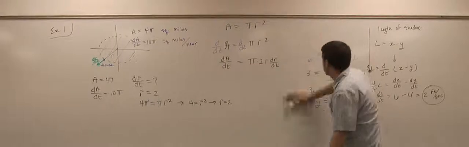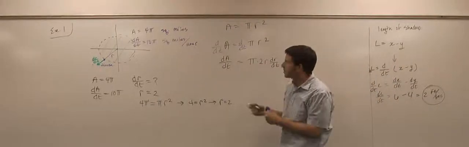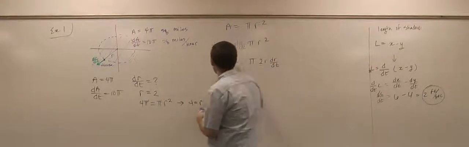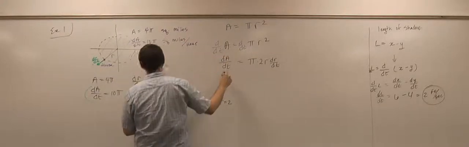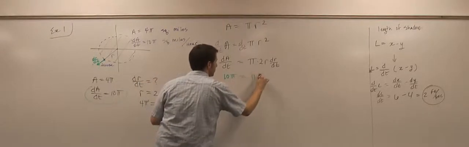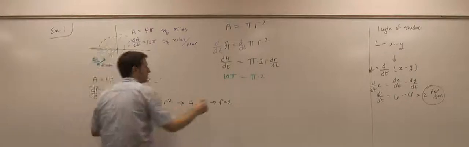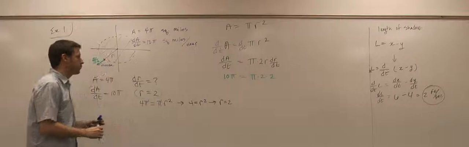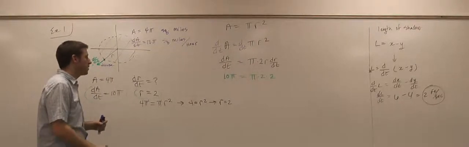And that's what I want to know: how fast the radius is changing. So dA dt I can plug in, it's 10 pi. Pi is pi, 2 is 2. R is also 2, so I'm going to put 2 in for r. And dr dt is what I don't know.